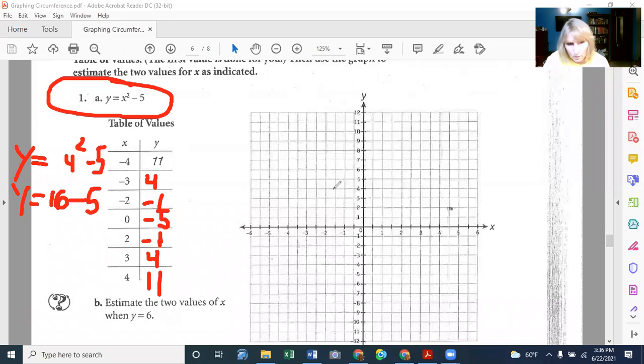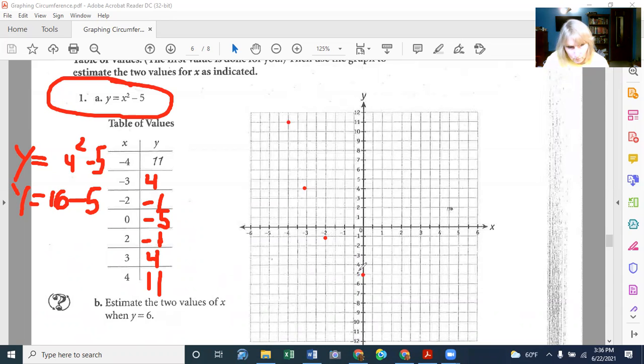So (-4, 11) is the first one. So -4, and then I have to go all the way up to 11. Now I have -3 and then up 4. So -3, up 4, and I have -2, and then I go down to -1, and then I have 0, -5. That's going to be known as the bottom of the parabola.